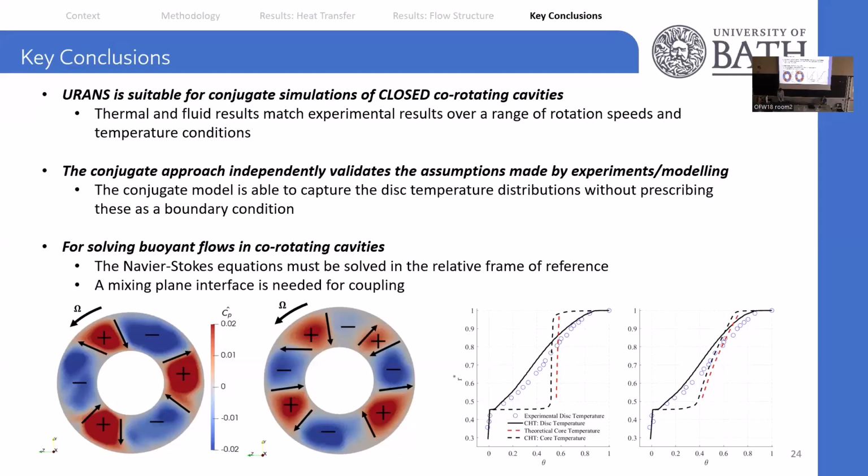So the question was about the development of the laminar Ekman layers and whether any treatment was needed. That was actually the important part of using that relative frame of reference solver. When we solved in the absolute frame of reference, we noticed that their formation was disrupted. In particular, the heat transfer was not very well captured, and as a result, the core temperature distributions were heavily affected.